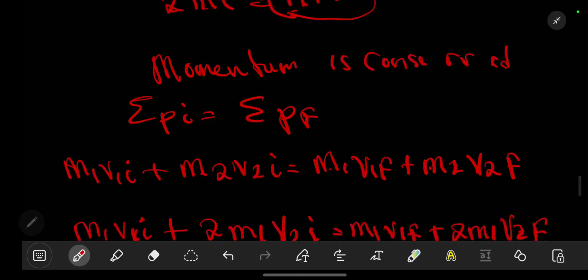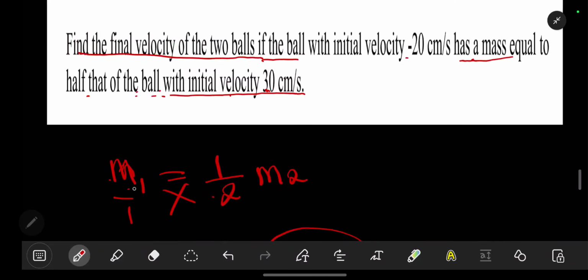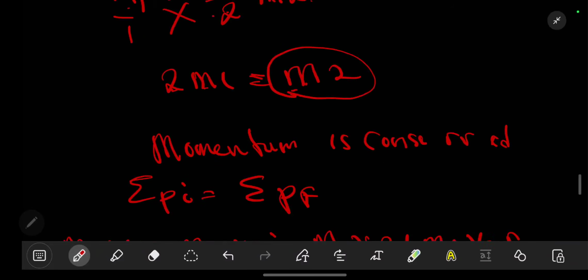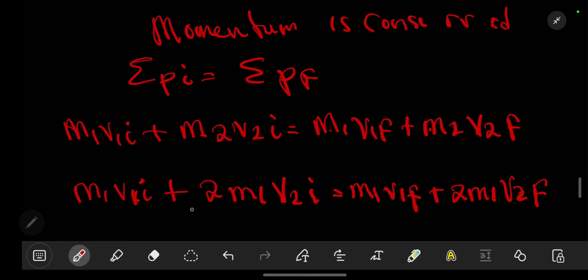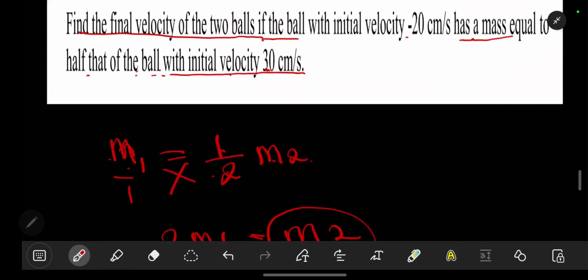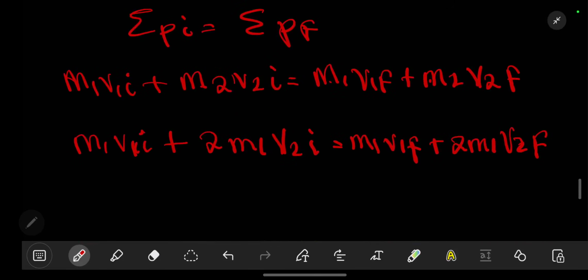If someone decided to put half m2 where there is m1, it will still be correct and produce the same answer, but taking this one is much easier.